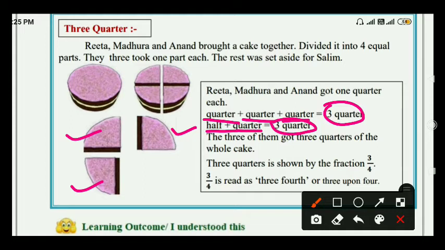The three of them got 3/4 of the whole cake. 3 quarters is shown by the fraction 3 upon 4. 3 is the numerator and 4 is the denominator. 3 upon 4 is read as three fourths or 3 upon 4.